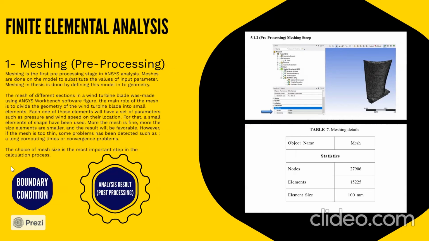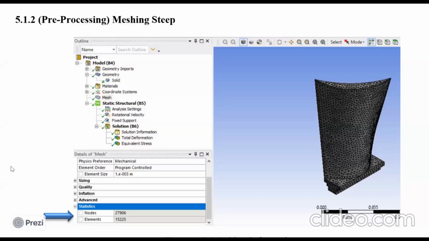As we can see here, this is our wind turbine blade in Workbench, and this is the meshing process. Here the number of nodes and elements can be seen at the corner.